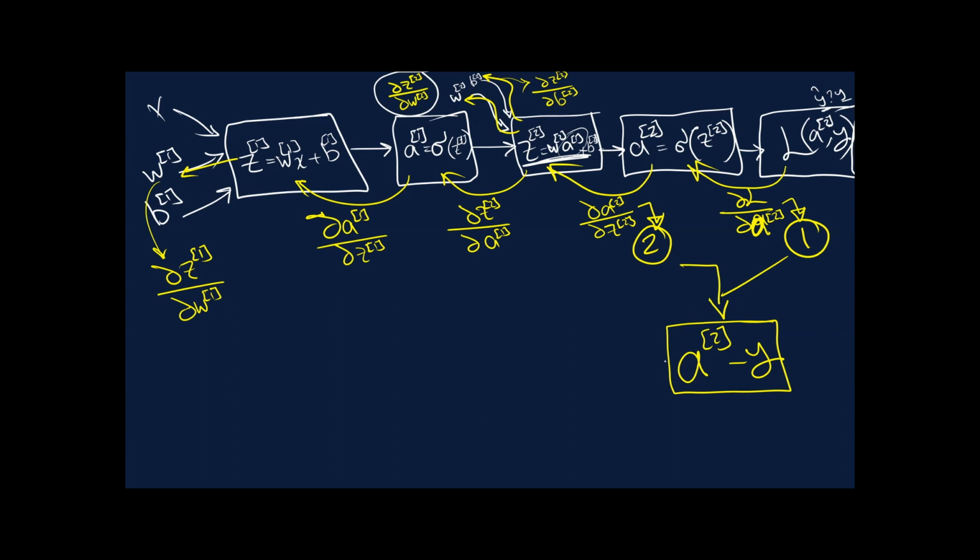So if we take this, multiply it by a1, and let's name it dz2, so if I take dz2 multiplied by a1, I will be getting the weight update that I want of the second layer.